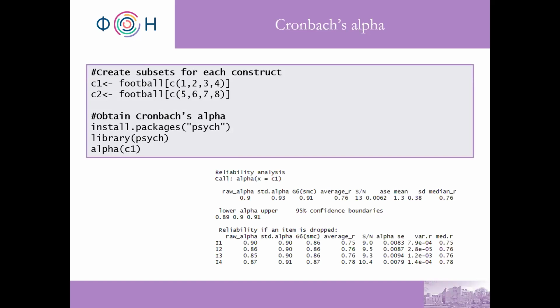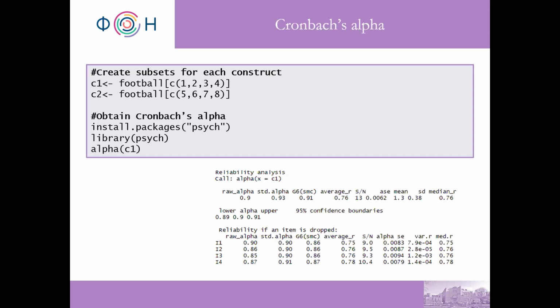First, let's explore the Cronbach alpha, and let's see whether we can actually group our variables 4 by 4. So how are we going to do it? First we have to create subsets for each and every construct. We have our first construct, call it C1, our second construct, C2. To get our Cronbach alpha, we need to install and call the package psych.